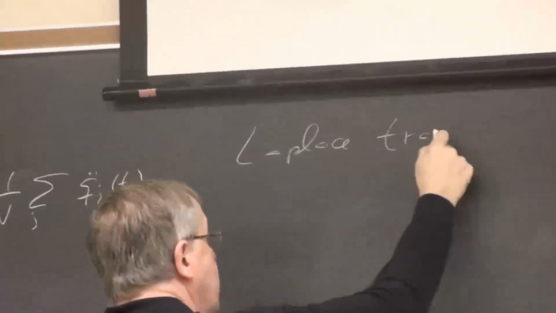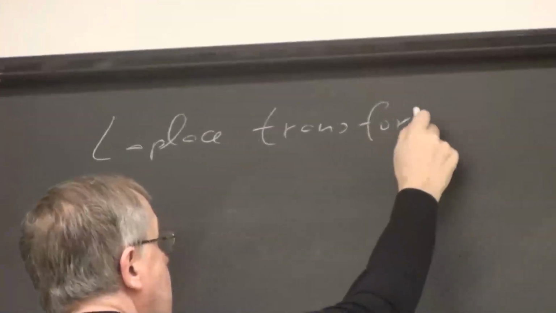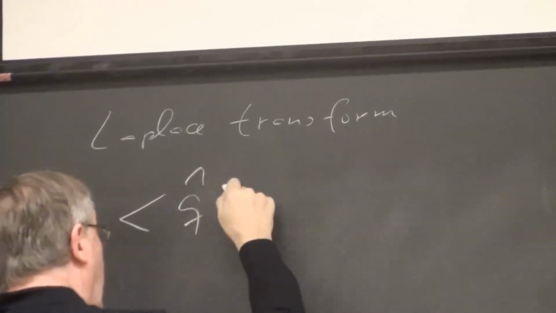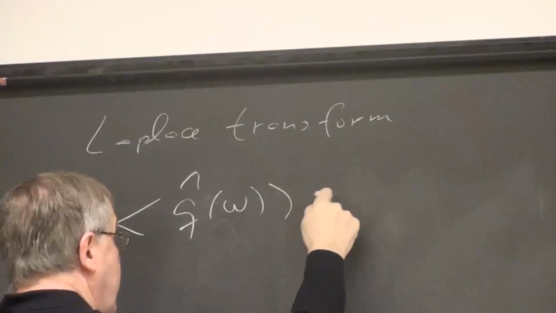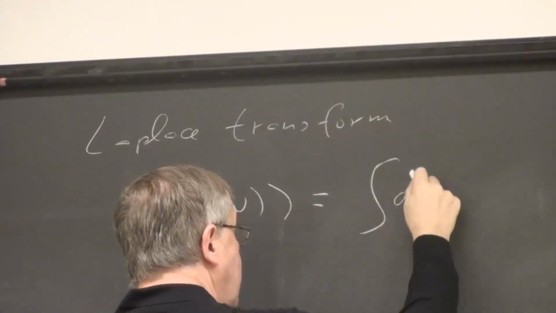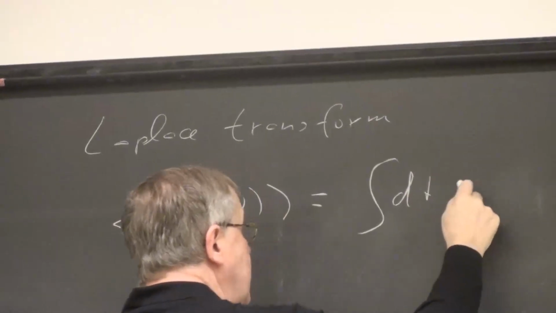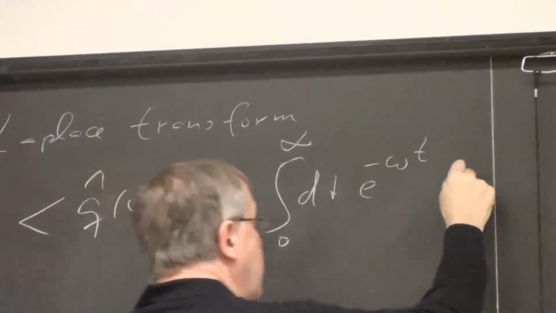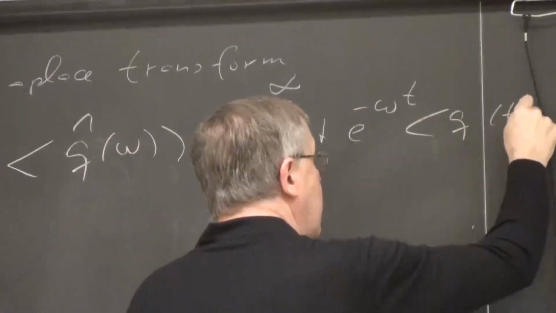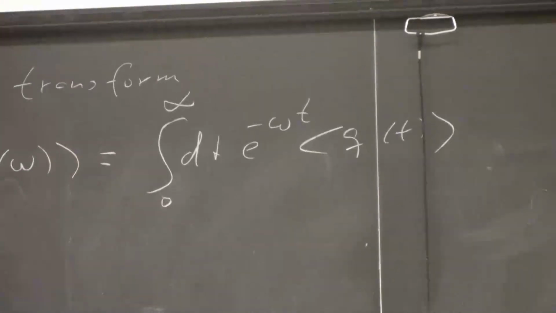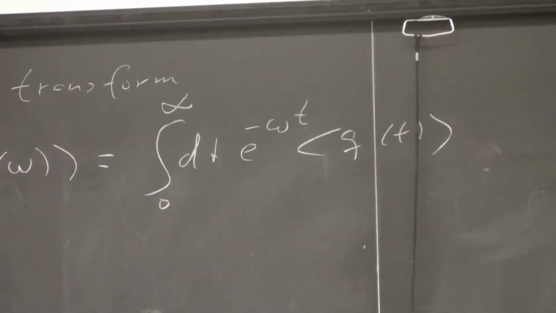So we solve the equation for Q hat of omega rather than Q of T. And so this is given by the integral dt e to the minus omega t from 0 to infinity times Q of T. So we take the Laplace transform of Q of T average.